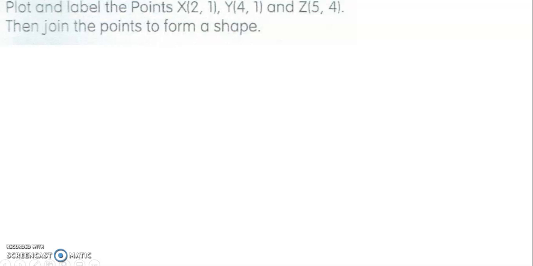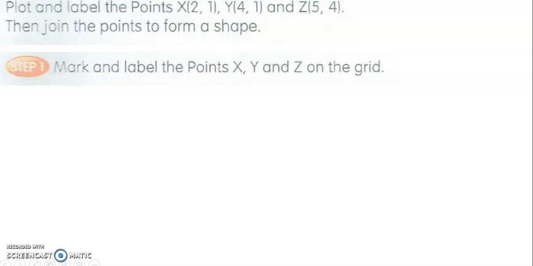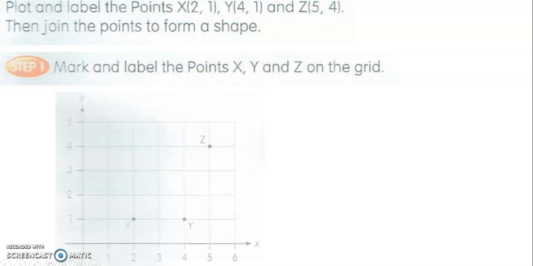We have a question here. It says plot and label the points X 2, 1, Y 4, 1, and Z 5, 4. Then join the points to form a shape. First of all, we need to mark and label the points X, Y, and Z on the grid. This is the grid, and these are the coordinates, x-axis, y-axis. The point X is 2, 1.